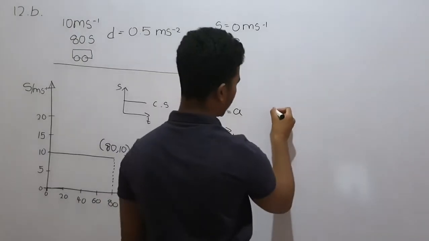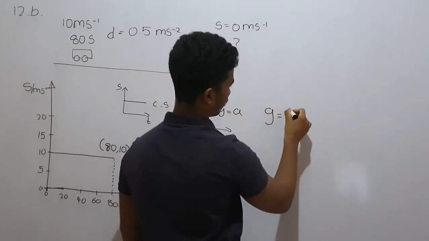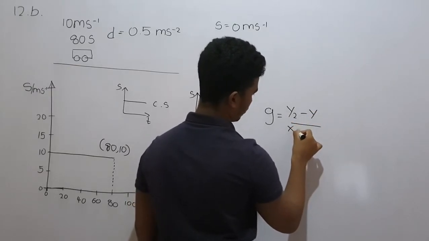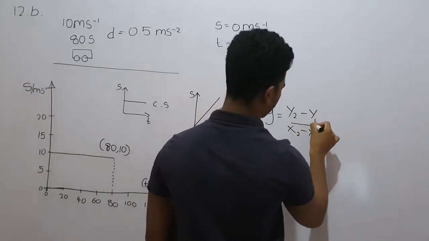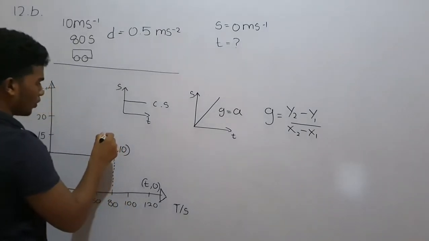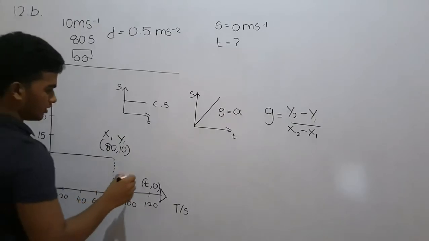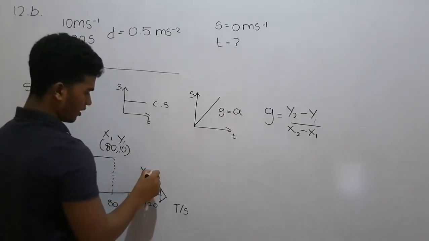Gradient is equal to y2 minus y1 divided by x2 minus x1. So we'll take this point as x1 and y1, and this point as x2 and y2.